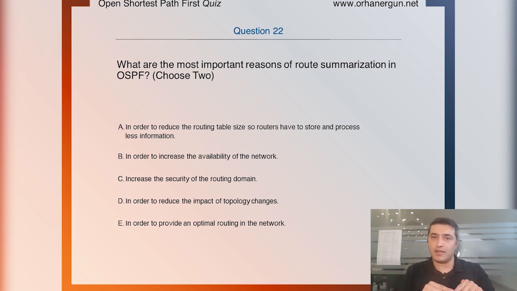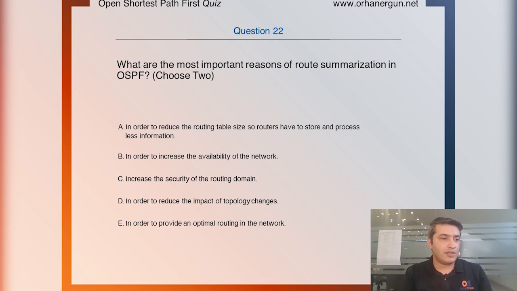So much less information, convergence will be faster, troubleshooting will be easier, and memory resources will be used less as well, instead of having different /24 entries in the FIB architecture, like Patricia tree, Radix tree. So you have much less information and much less memory usage.